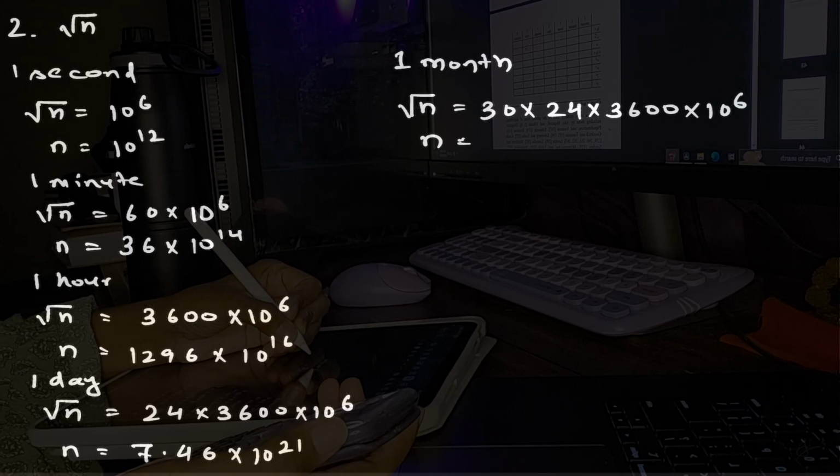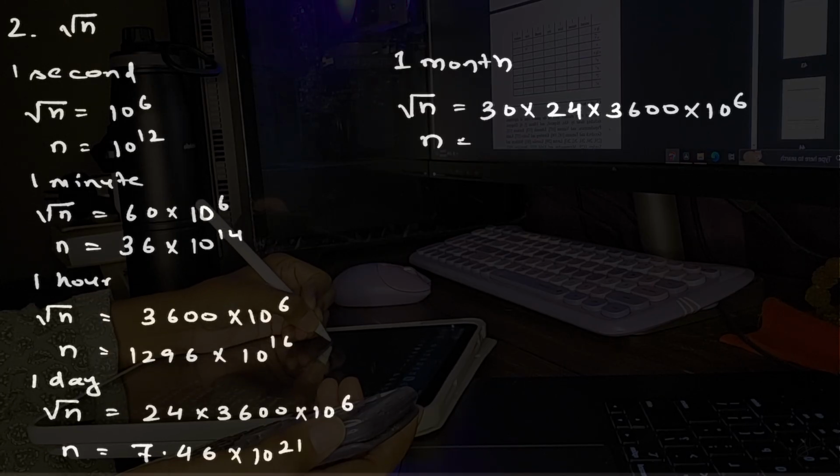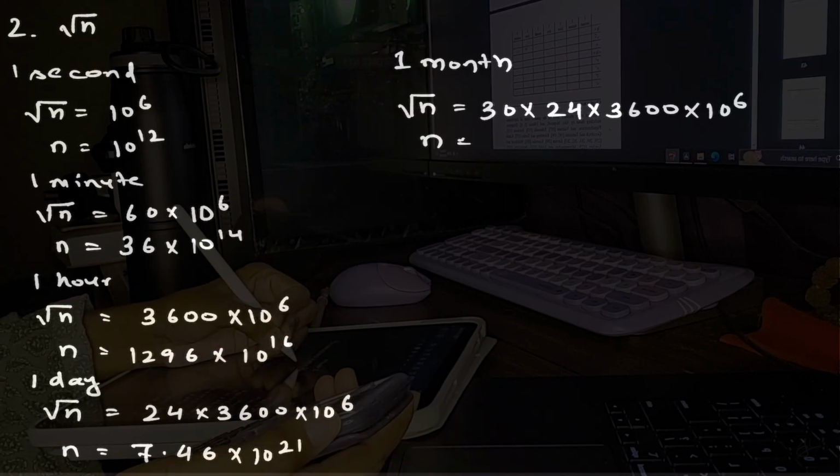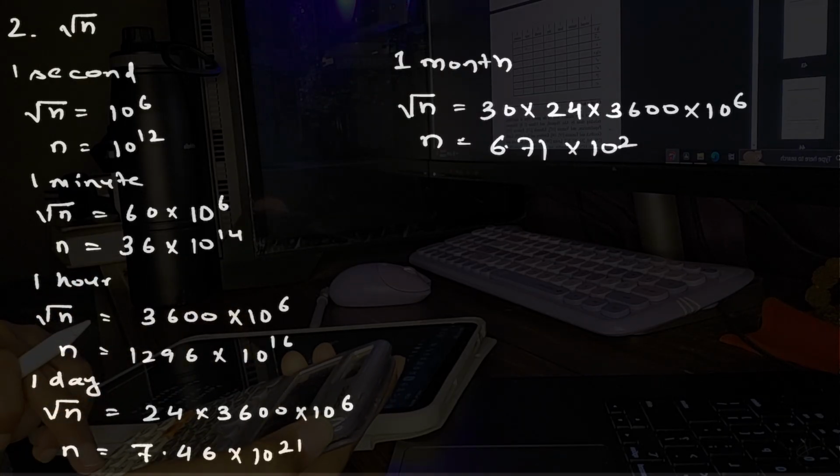Because I'm doing this calculation in a calculator, it looks very easy, I'm just putting digits straight away and multiplying it to the power of 6. I've got an answer. I'll square the answer and I'll get it as 6.71 into 10 to the power of 24.